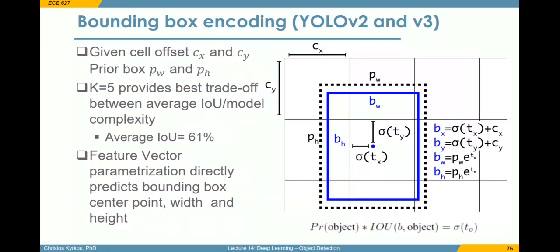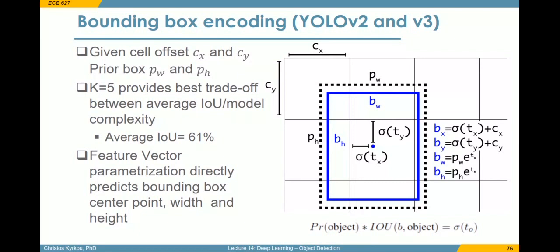Now, for each grid cell, they compute an offset from its top left corner. This is to find the x, y, the center of the bounding box, which is bounded by the bottom right corner of the cell. So they use the sigmoid function for each of these coordinates to find where in the cell it's located. And the width and the height are predicted as scale factors on the anchor box using the exponential function.